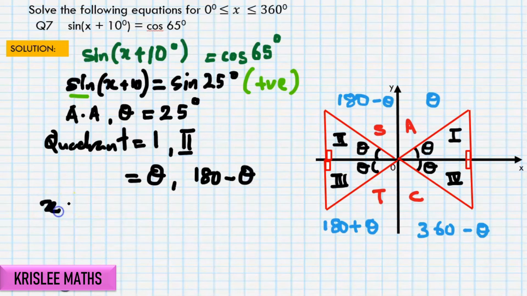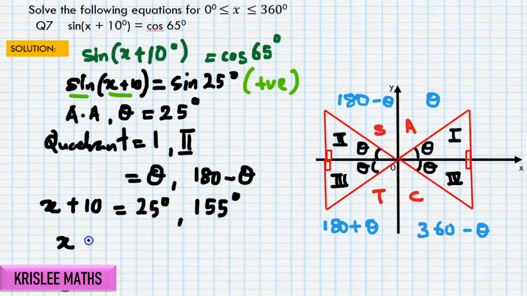Now we can find the value of x plus 10. Remember, it is not just x, but x plus 10. So x plus 10 equals theta. Theta is 25 degrees. The other one, 180 minus 25, you will get 155.